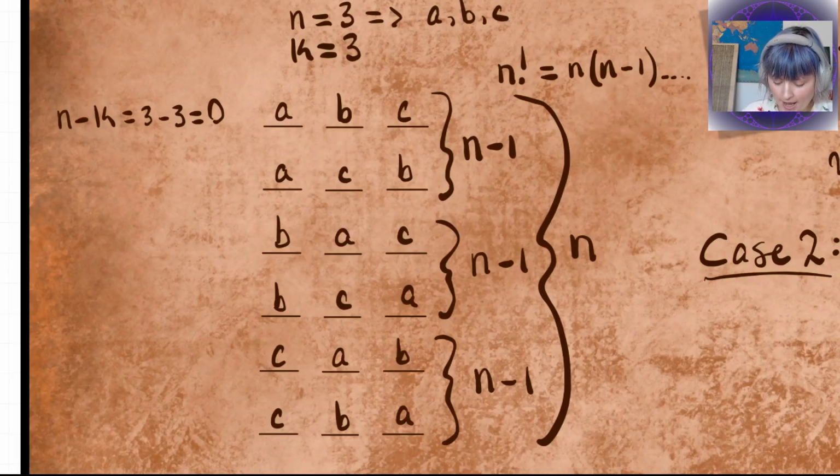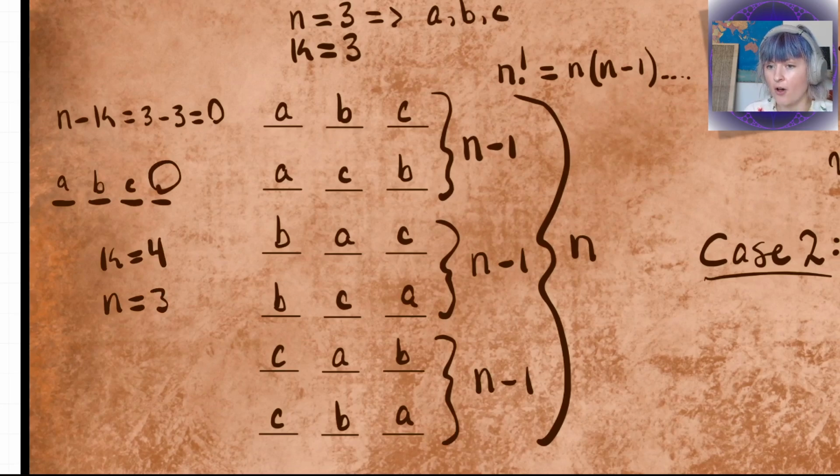For instance, I can't have an arrangement of size 4 in this case, because then K would be equal to 4, but n is still equal to 3. So I could go A, B, C, but there's nothing here. I've already run out of distinct elements, so that's not possible. So K does depend on n for this reason.